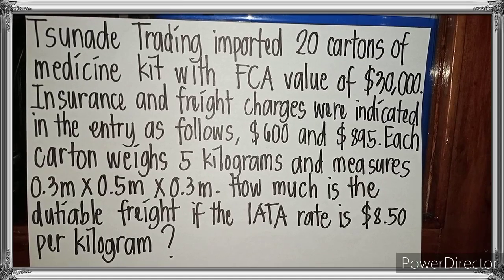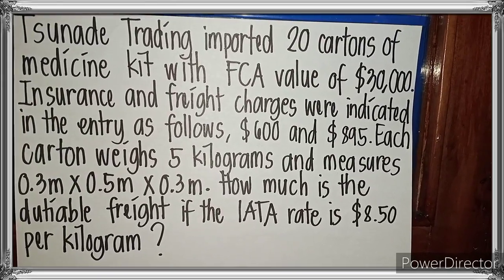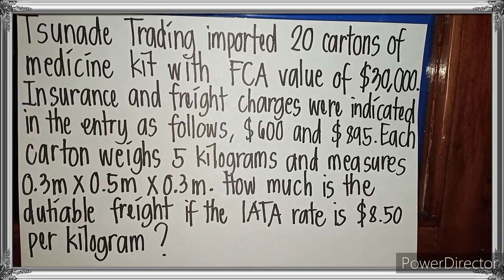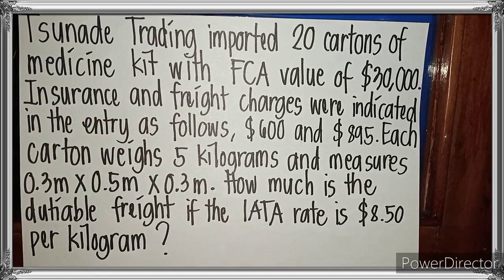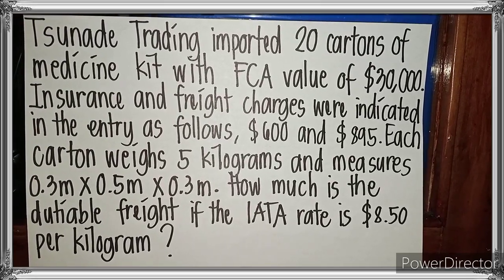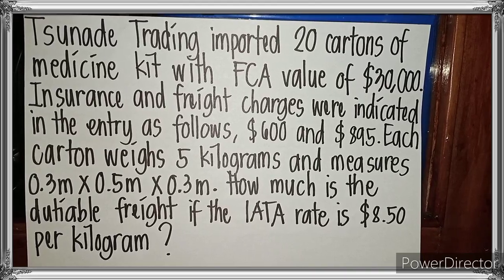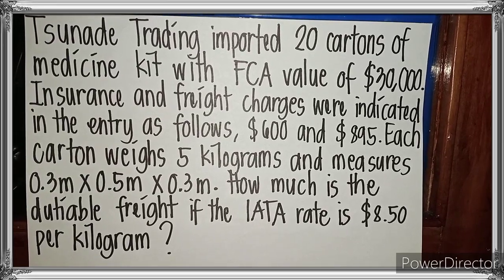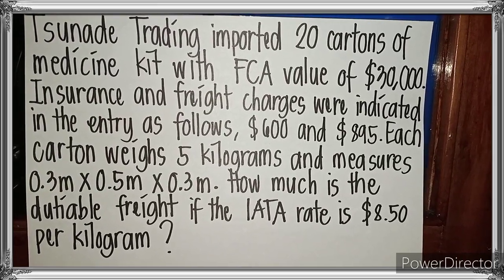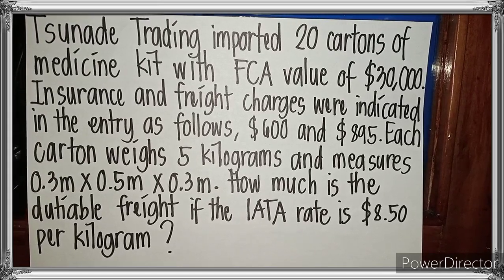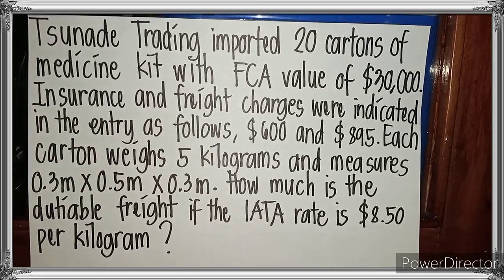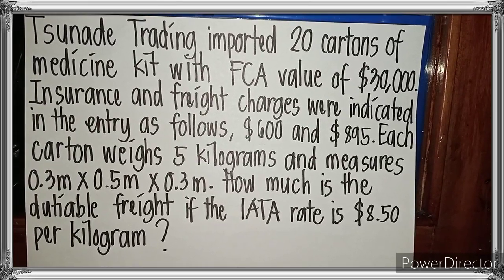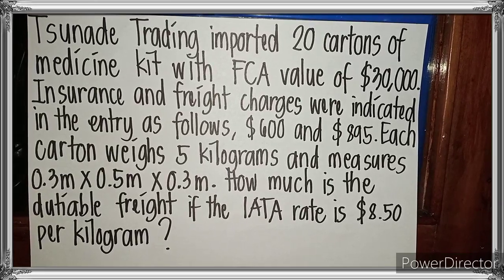Next question: Sunade Trading imported 20 cartons of medicine kit with an FCA value of $30,000, and the insurance and freight charges were indicated in the entry as $600 and $895. Each carton weighs 5 kilograms and measures 0.3 meters by 0.5 meters by 0.3 meters. How much is the usable freight if the IATA rate is $8.50 per kilogram?